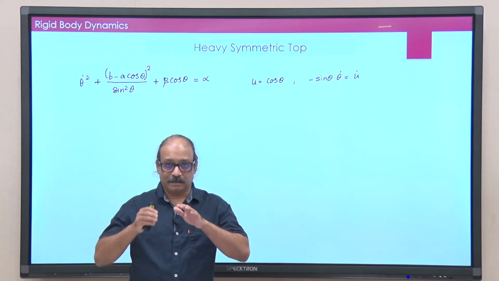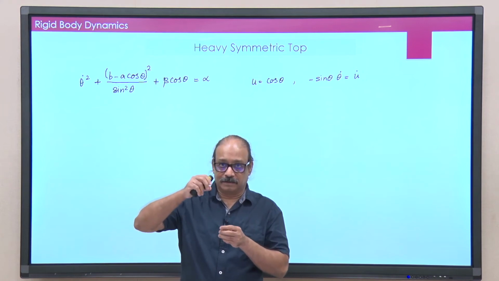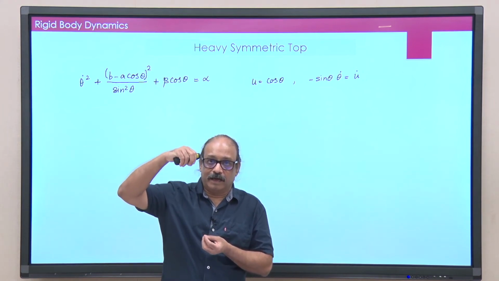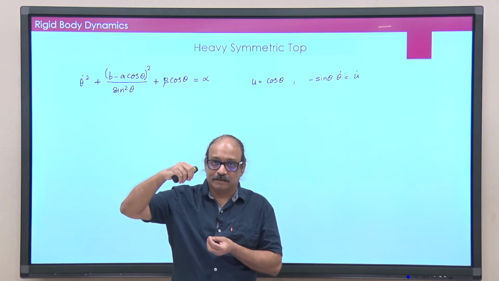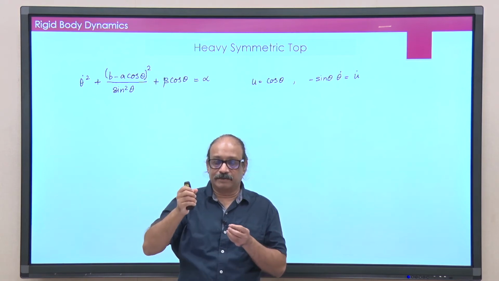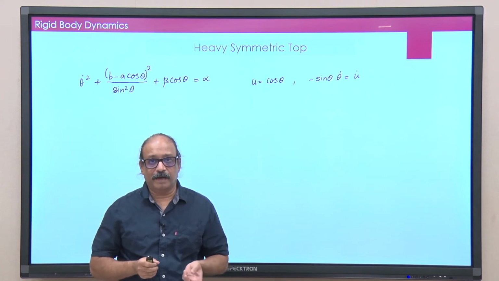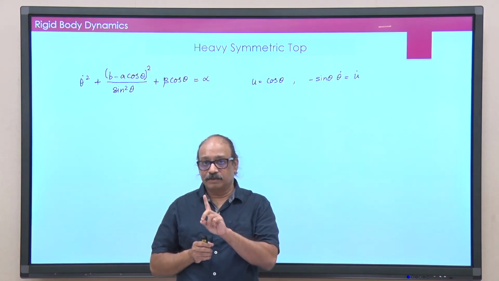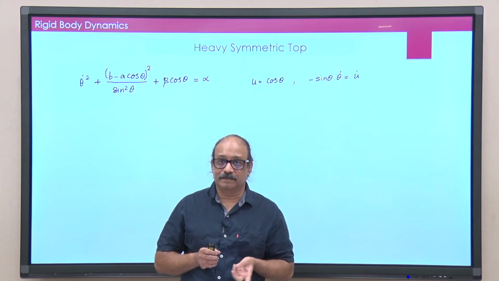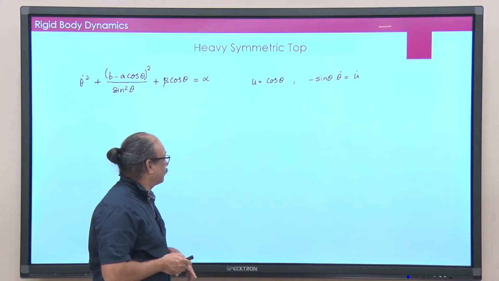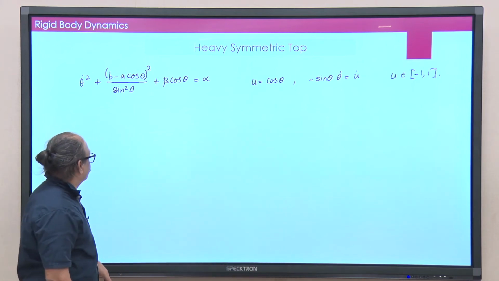So, if you take a spinning top and look at the top point of it, the top point makes an angle with the vertical. This angle changes from 0 to pi. When it does, u changes from 1 to minus 1, remember. So, keep that in mind. So, the range is minus 1 to 1.